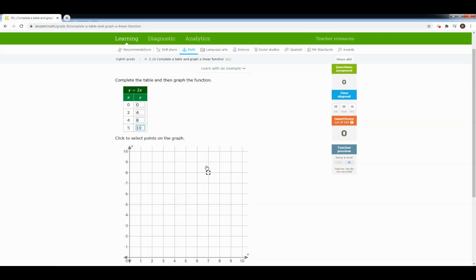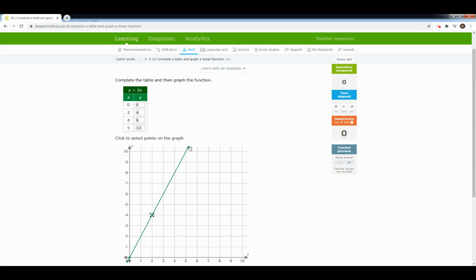Then you have to take it and plot it on this coordinate plane here. So the point 0, 0, click, 2, 4, click. Okay, 4 comma 8. Wait, it doesn't let you plot 4 comma 8.